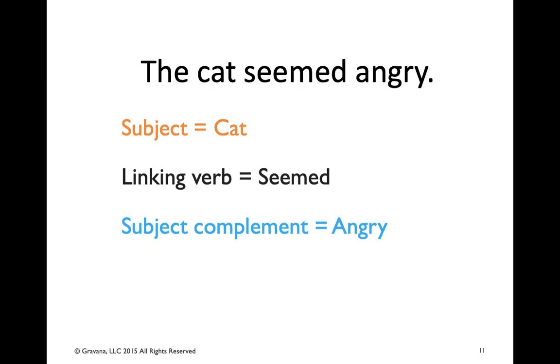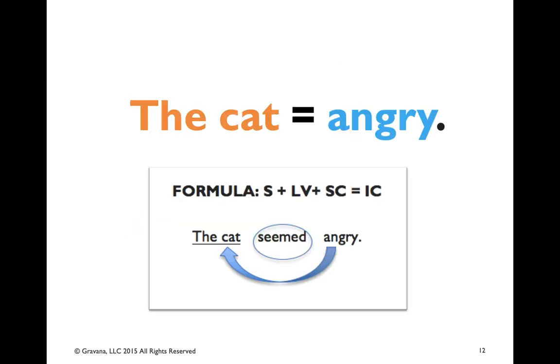We're describing the cat as angry. So since we're describing the cat as angry, we connect it with a linking verb. So in this case, our linking verb is seemed. It's just showing us putting the equal sign in place of the linking verb and showing that because we connect the cat to angry with the word seemed, that is our linking verb.